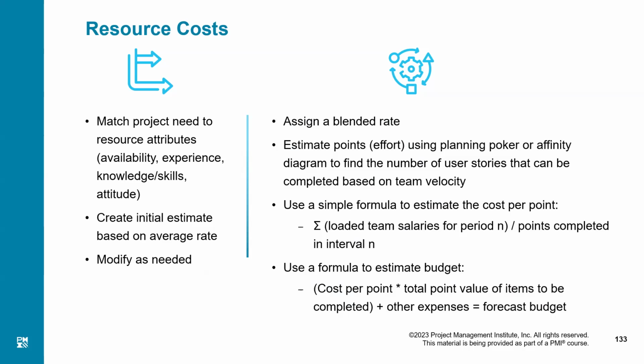But we use a blended rate, and that effort is represented by a kind of arbitrary figure. It is just the level of complexity in that activity. So I have 200 user stories.